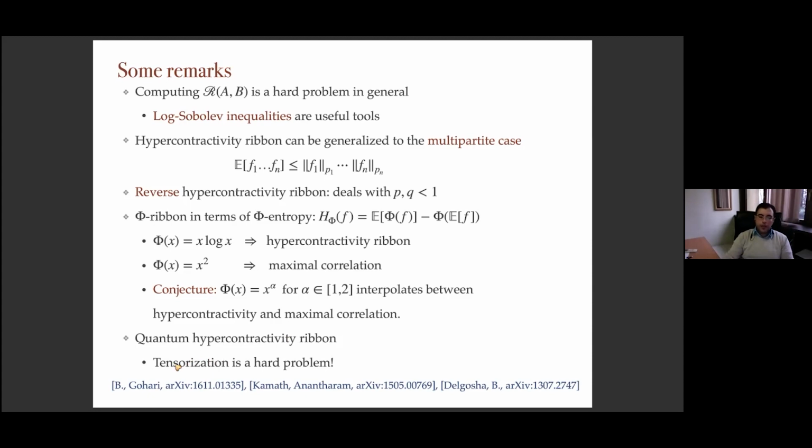That's why the tensorization is not correct in the quantum case, but you can do other things. In some special cases, we do have tensorization, so we can use it, and there are also other ways of getting around this tensorization problem. You can look at this paper for more details about the quantum hypercontractivity ribbon.